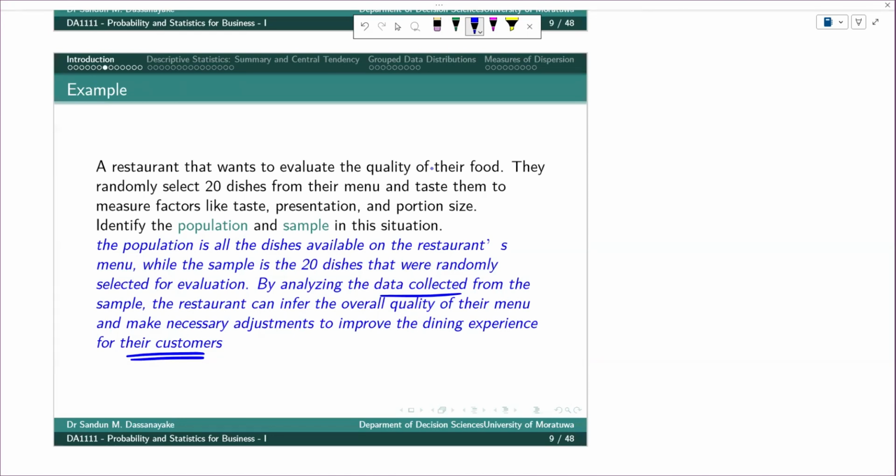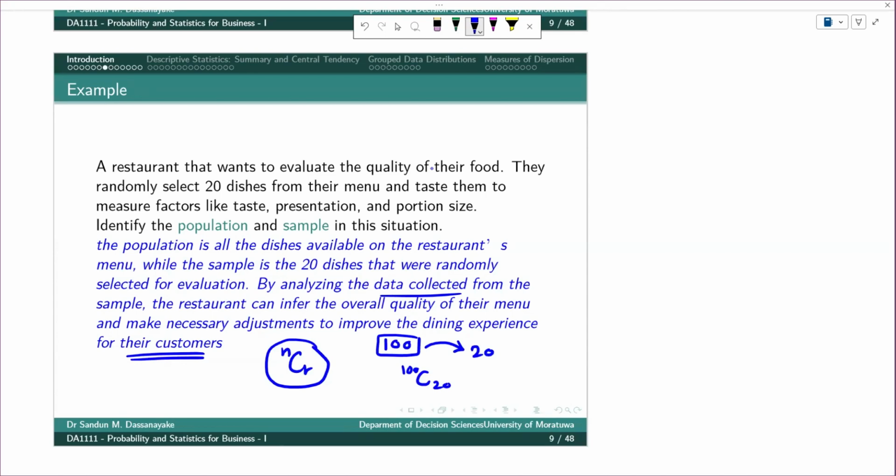Now, can this vary? Yes, because every time you take 20 dishes randomly from the available, you are actually sampling. And when you do sampling, there is only a probability of taking those 20 dishes. If you remember your lessons about nCr and nPr, particularly nCr, if you have 100 different dishes already available, picking 20 out of this belongs to 100C20.